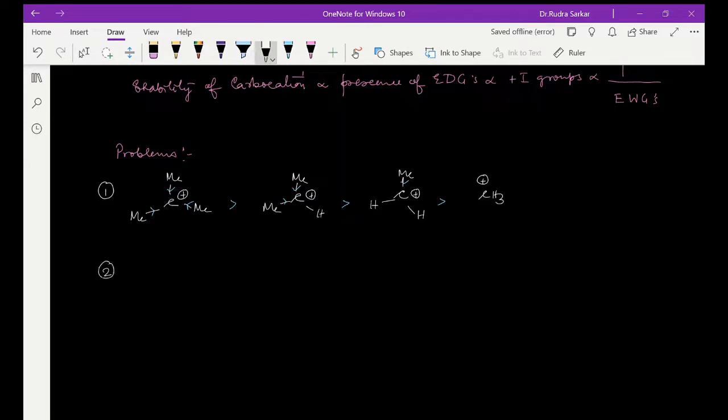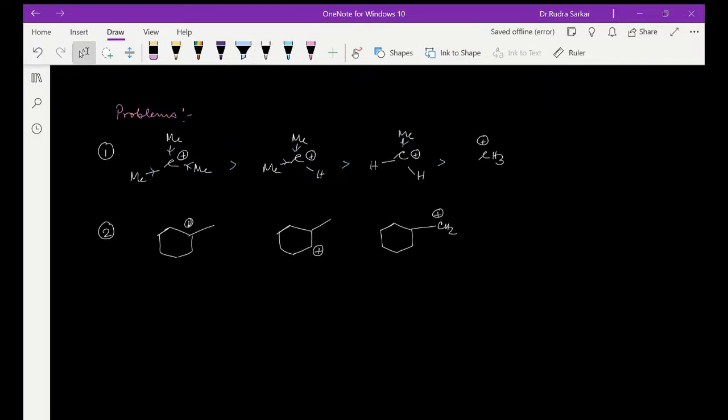In question number 2, out here we can see when the carbocation is over here, there are 3 plus I groups stabilizing it.